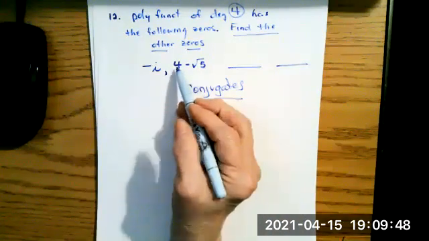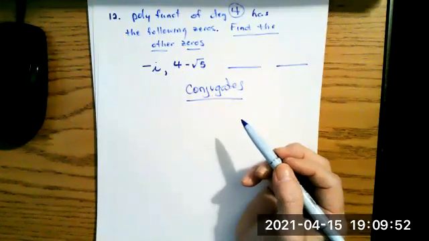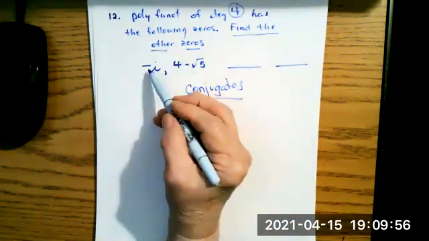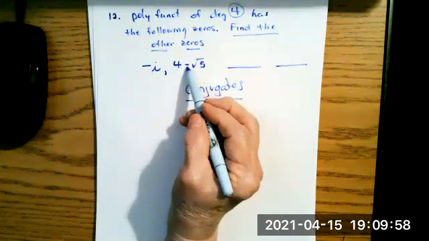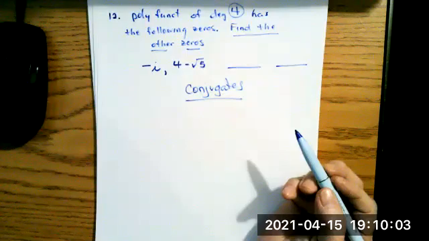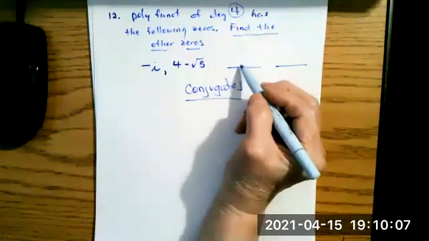Because if they were opposites, the sign in front of this 4 would have to be changed. It's only changing the sign in between the 2 numbers. It's only the sign between the 2 numbers that changes, not the first one. So they're called conjugates. So what would go in this blank, you think?